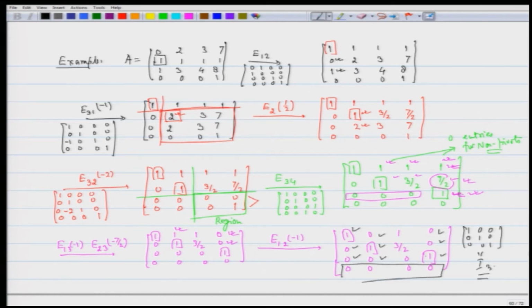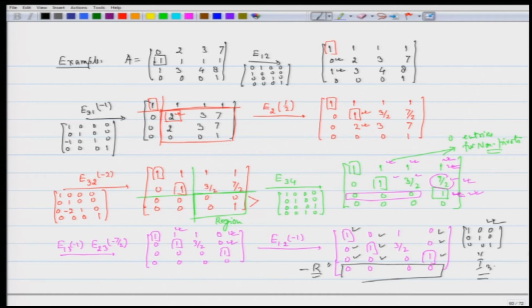The first non-zero entries are the pivots and they are 1 for us. And every other entry in that column is a 0, and because of that we are getting this. It is very important that the condition that every other entry in the pivotal column is 0 implies that we get the requisite identity.